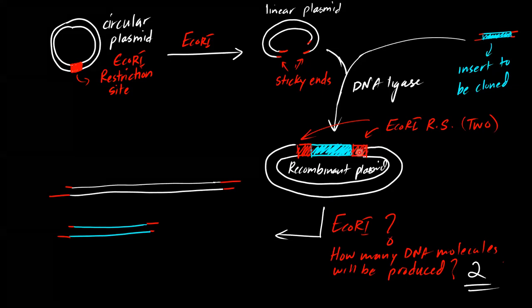Because the enzyme will cut here and here, removing this one. So this is the insert. The insert is the DNA fragment that we want to clone, okay? And this is the linear plasmid.